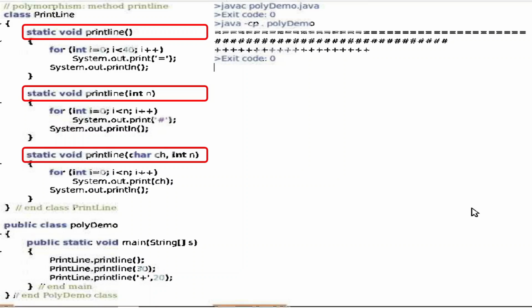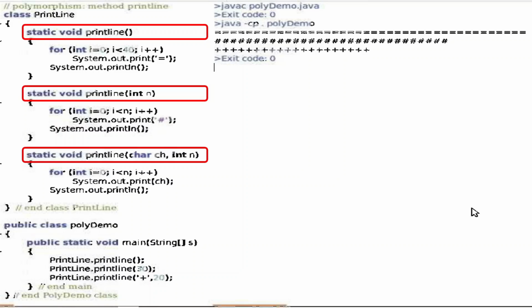So it will understand that it has to go to the println method where there is only one parameter. The third line is println with a plus sign, comma, 20. So it understands that it is with two parameters. It will go to the third method, where there is character ch and integer n, and it will print the plus sign 20 times. This is how the compiler understands, based on the number of parameters, which method is to be executed.